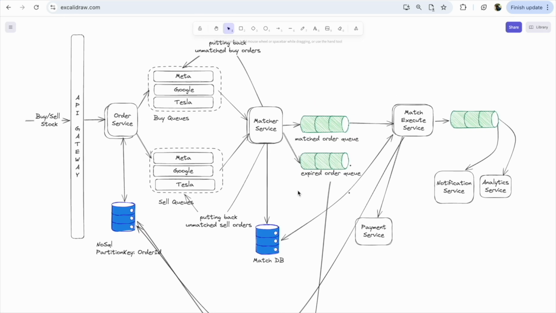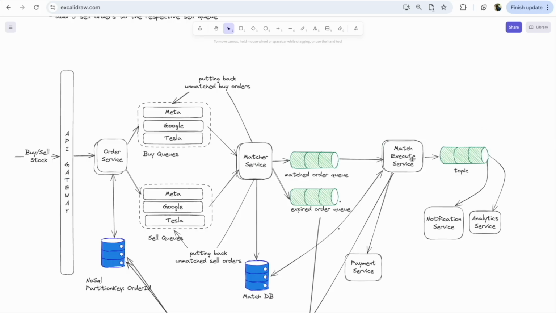So ultimately we have the core requirements here. Now after the match execution is complete, we can put that event back into some other topic from where the notification service and analytics service can read and do their work. Every system will have some notification service, to notify the customers about the order status change and a few other things.